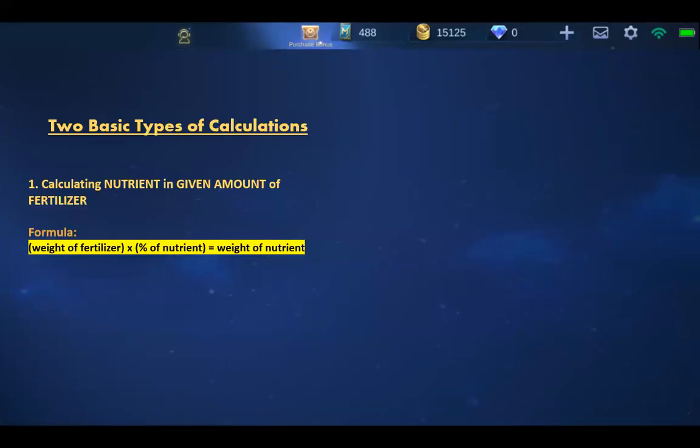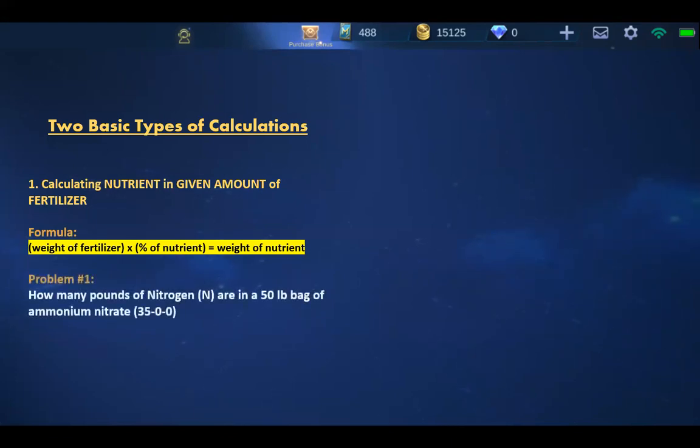Okay, there are two basic types of calculating the nutrients of inorganic fertilizer. The first is calculating nutrient in a given amount of fertilizer. The formula is weight of fertilizer times percentage of nutrient is equal to the weight of nutrient.